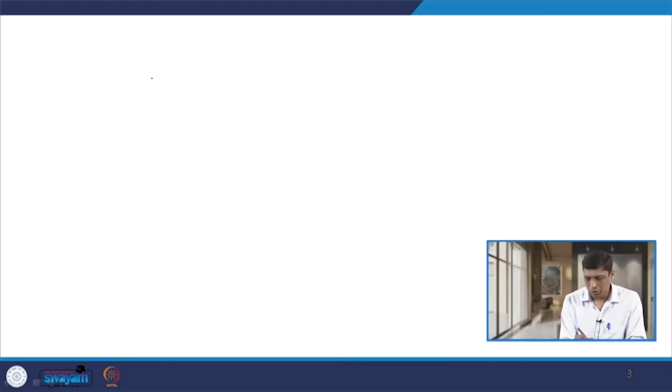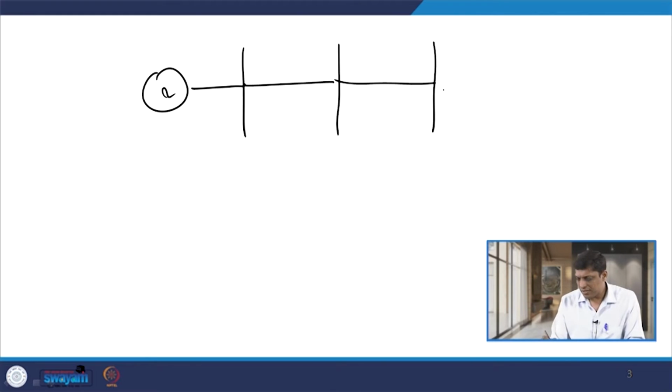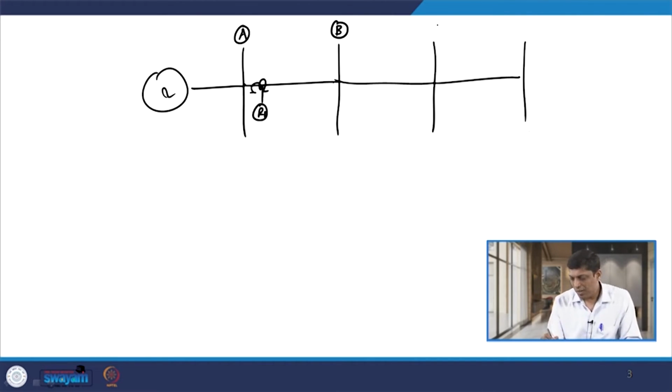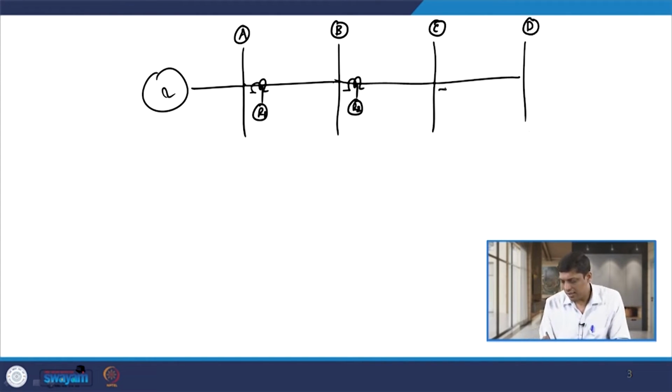Suppose there is a source and then we have a radial structure network, and between bus A and B there is one line section or distribution feeder connected, and the relay here, let us say, is R1. In the same way, between bus B and C, another relay R2 is connected, and between bus C and D, the third relay, let us say R3, is connected.